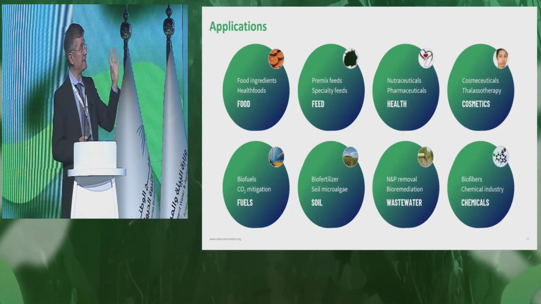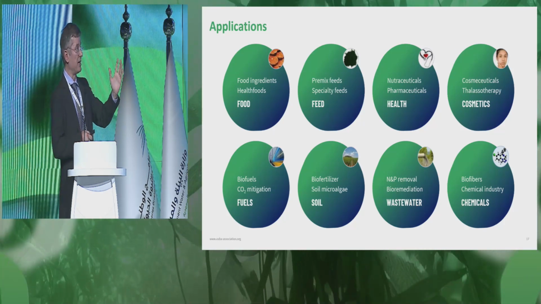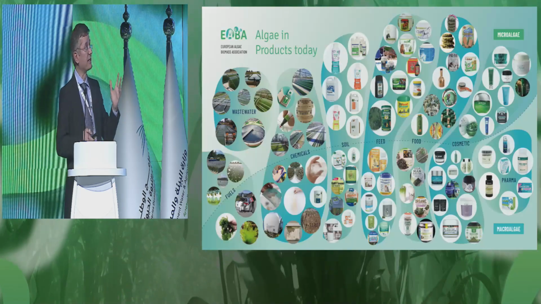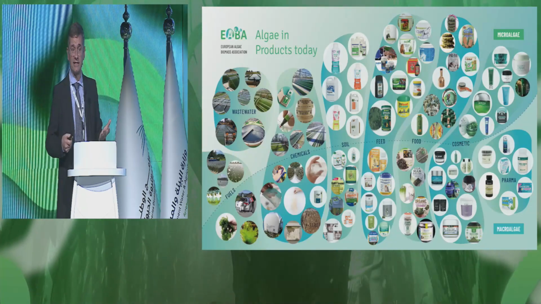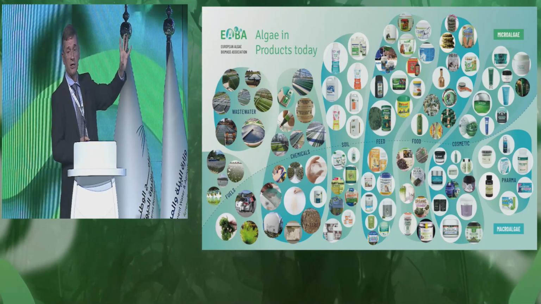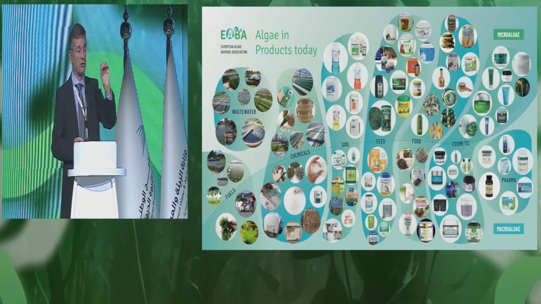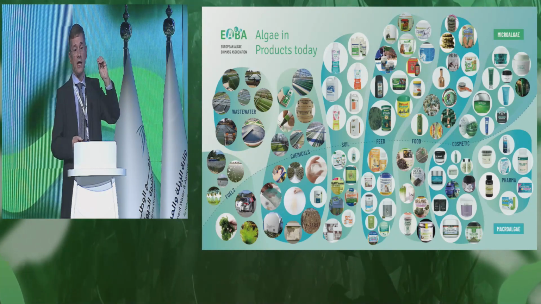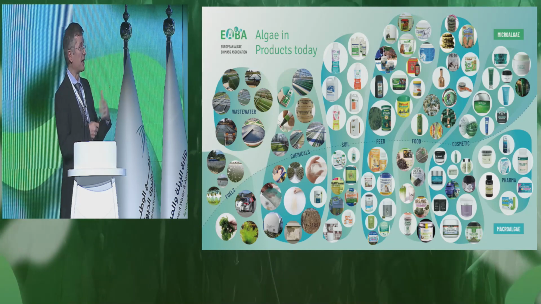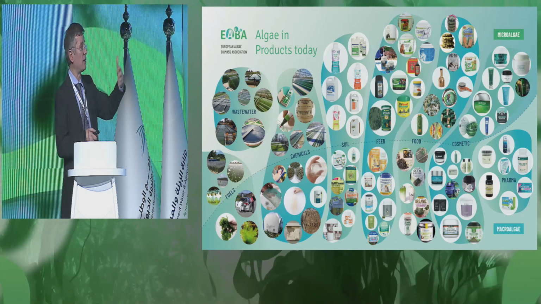Summarizing all of this, there are 8 main applications: food, feed, health, cosmetics, fuels, soil, wastewater and chemicals. But the real products that already exist in the market are these ones. We can see here the products from all the applications. Some of these applications are very small, like cosmetics and health applications. There are niche markets. The others are large applications, for example, wastewater or feeds or food.